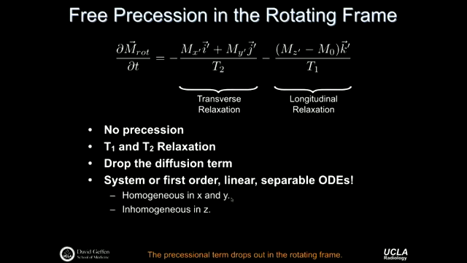If it's equal to zero, we call that a homogeneous differential equation, and if it's not equal to zero, we call that an inhomogeneous differential equation. Here, because of this M0 term, the description of our Z magnetization is an inhomogeneous differential equation, whereas the X and Y components, because no constant term shows up, are described by so-called homogeneous differential equations. Hopefully those are terms that are familiar.